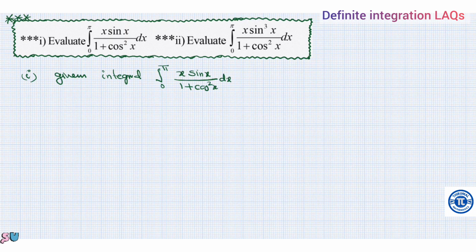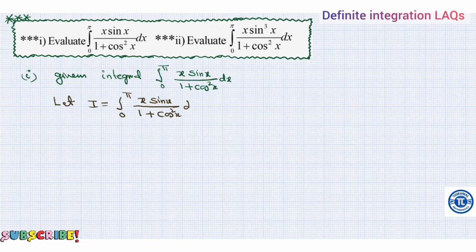Okay, first let I equal the given integral, from 0 to pi x sin x by 1 plus cos square x dx. Let's suppose this is equation number 1.